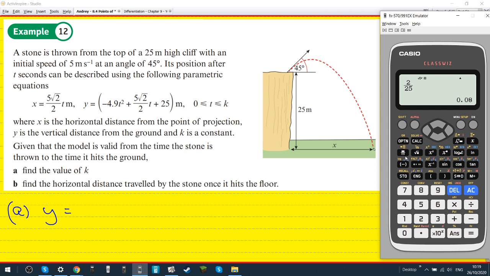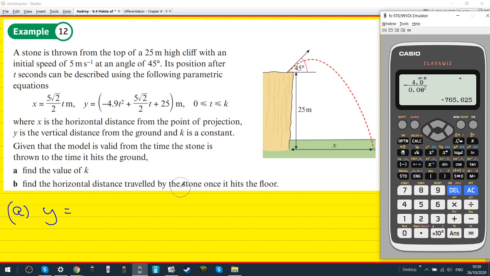Okay. This is taking longer than I thought it would.